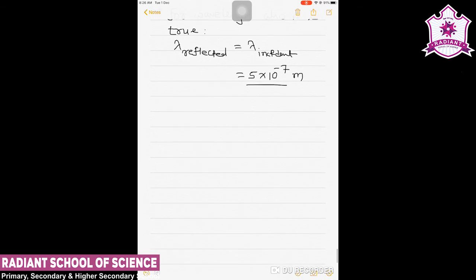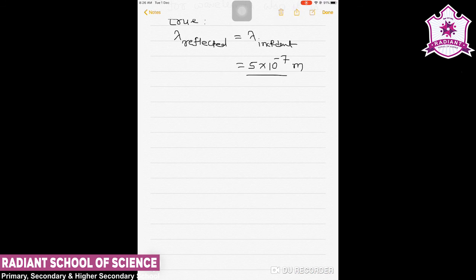Now we have one very well known equation, that C is equal to lambda f for the wave nature of any object.